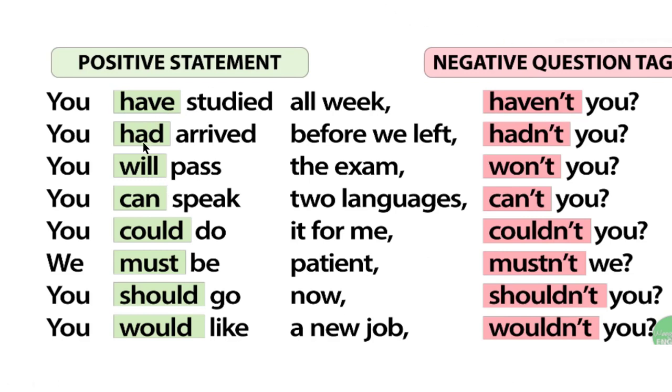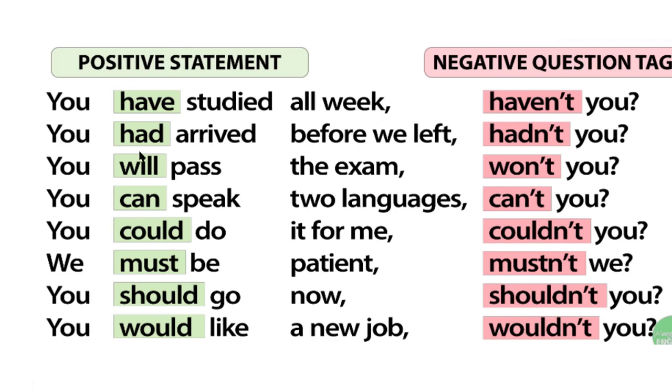You have, had, will, can, could, must, should, would, and here you put not: haven't, hadn't, won't, can't, couldn't, mustn't, shouldn't, wouldn't, and the person, you, we, you. You have studied all weekend, haven't you?